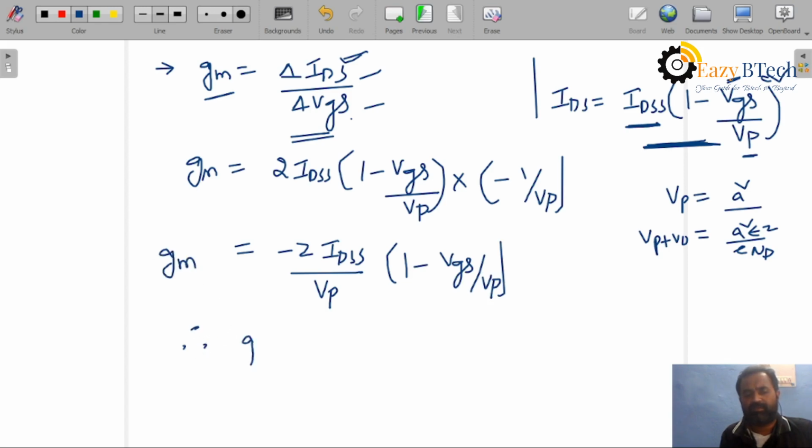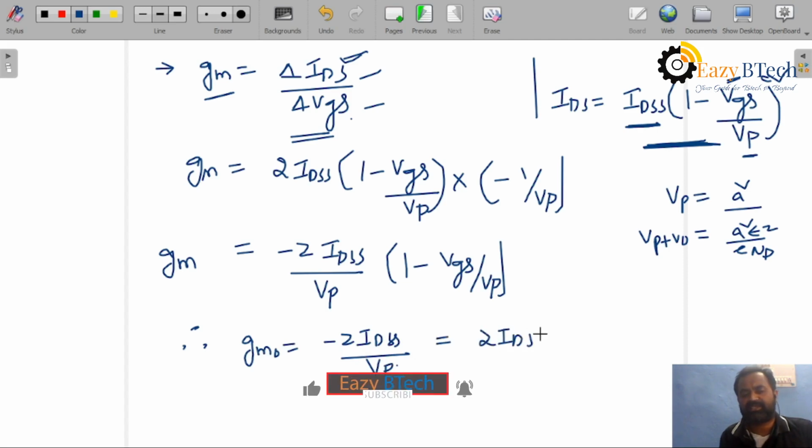Therefore, gm0 is equal to minus 2 IDSS by VP, or we will write it as 2 IDSS by mod VP. This is gm0. Now you can substitute in this expression.